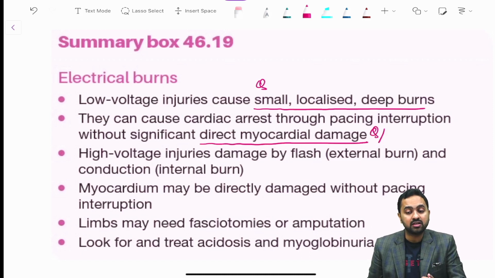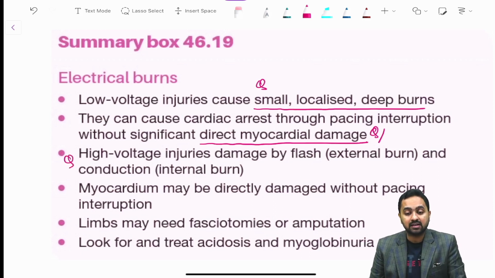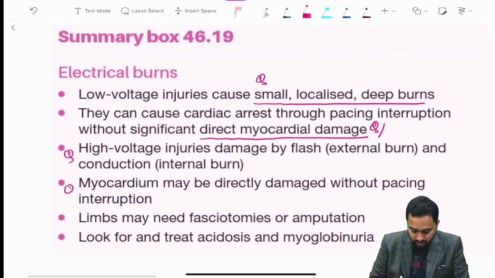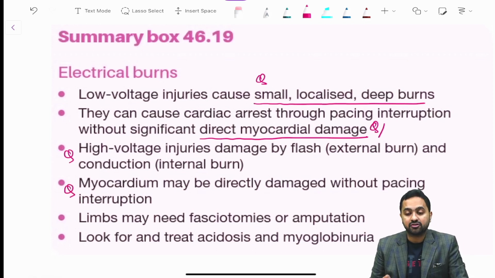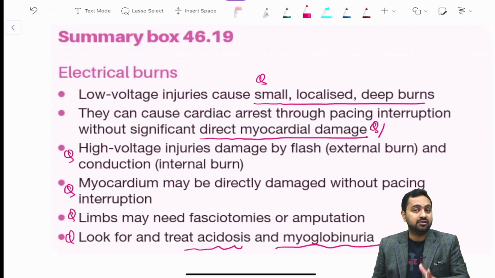Now this high voltage injuries cause damage by flash and by conduction, which is your internal burn. The myocardium may be directly damaged without pacing interruption, and the limbs may need fasciotomies or amputation, and we need to look for acidosis and myoglobinuria, which can eventually lead to your renal failure.